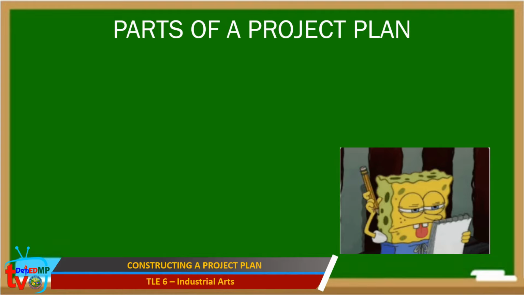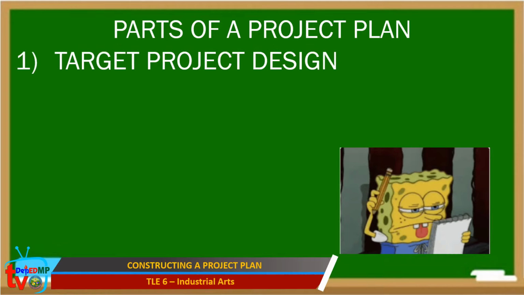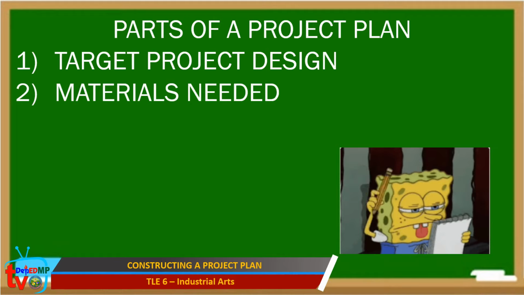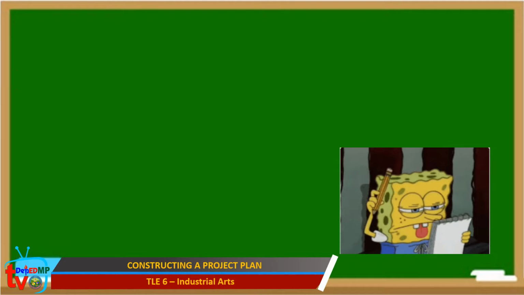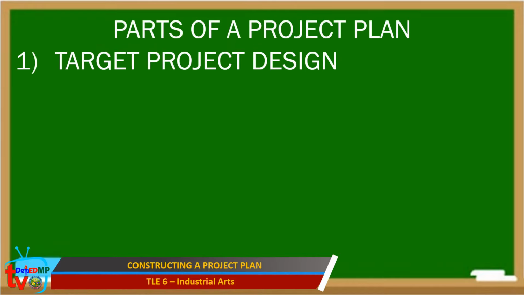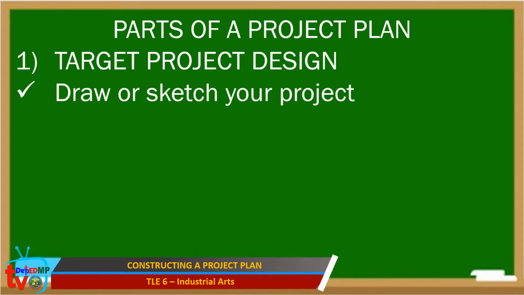But before we can make a project plan, we have to know its parts. There are 4 parts of a project plan: target project design, materials needed, tools needed, and procedures to follow. The first part is the target project design. In this part, you are to draw or sketch your project.